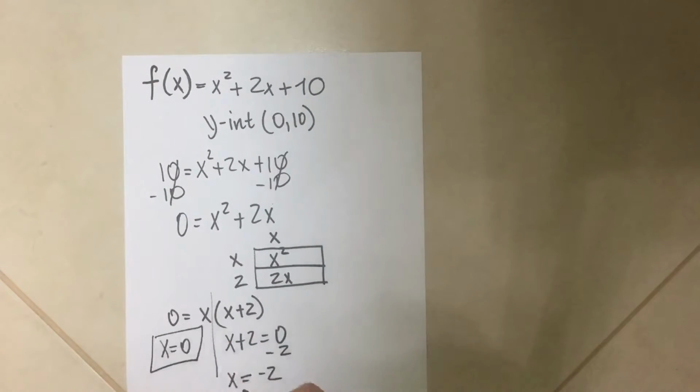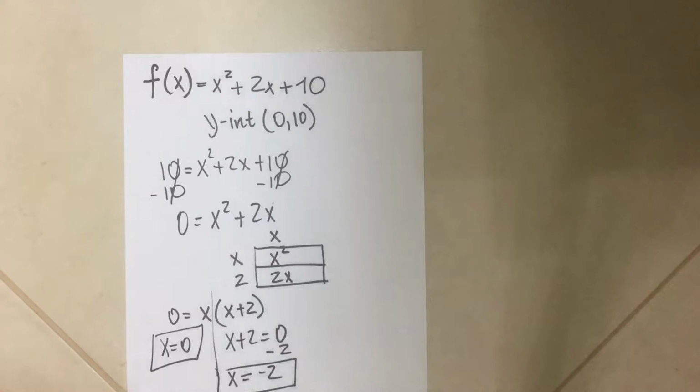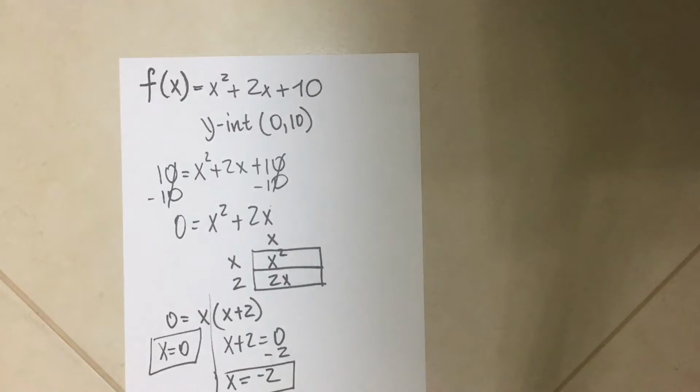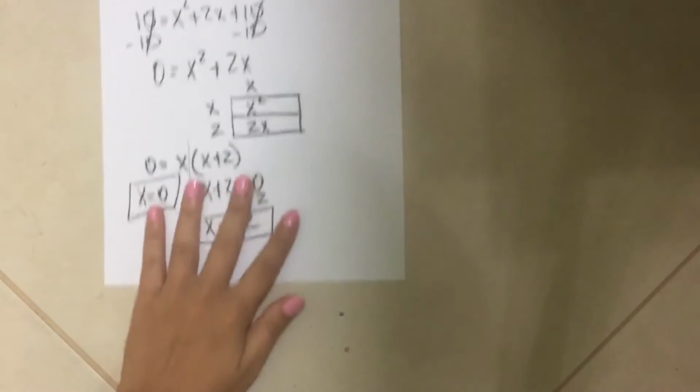So we get our two x values here, and by those two x values we can find our vertex that we will really need for our graph, so that later on we can use the line of symmetry and so on. So let's follow along.